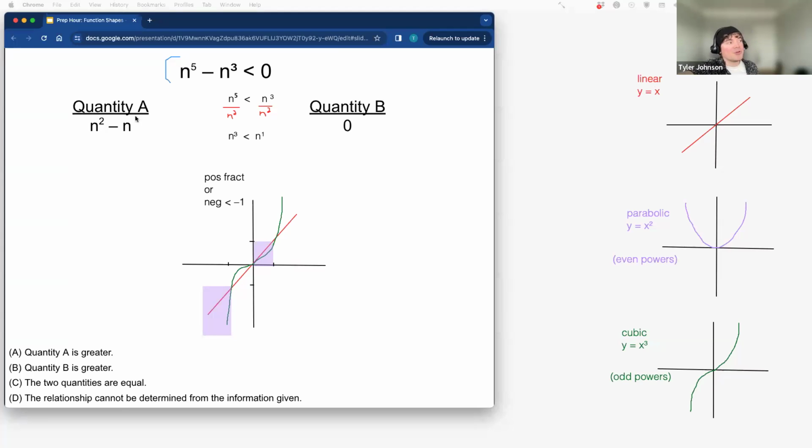And I'm going to do a similar move to simplify my two quantities, kind of like what I did to the upfront info. I don't like having this kind of longer expression in quantity A. I'm just going to add an n to each side, so that what I'm actually comparing is just n squared versus n itself.